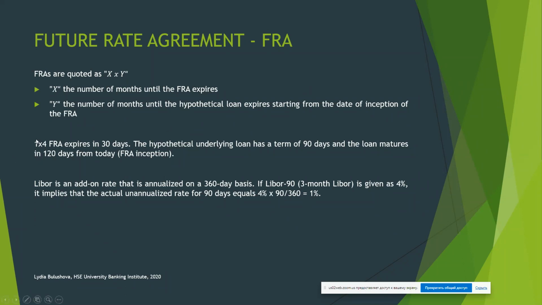So let's consider a simple example. A 1/4 FRA contract. It means that the contract has an underlying loan. The term of the loan is 4 minus 1, so 3 months, 90 days. The contract expires in 30 days and the loan matures in 120 days.